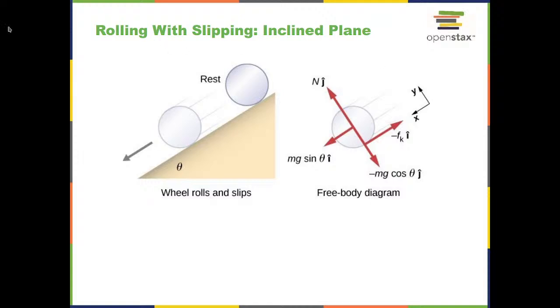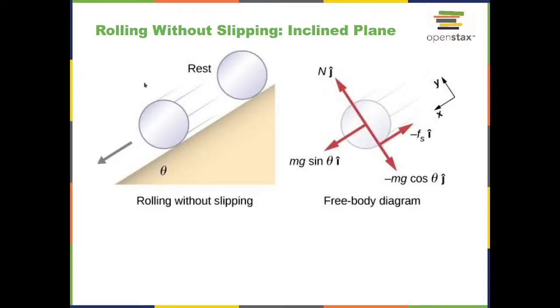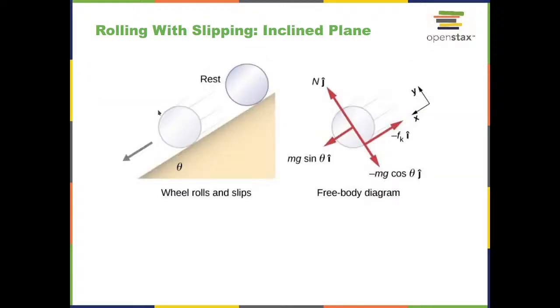Now you might remember that we actually solved the problem of objects sliding down an inclined plane without slipping, i.e. frictionless objects, or with slipping, when there's some friction that occurs and there's therefore some energy loss. We used energy conservation for that.